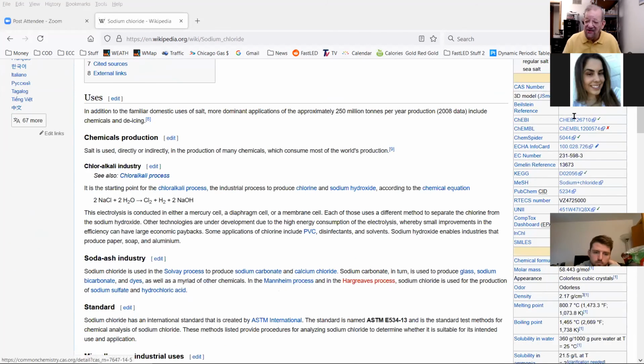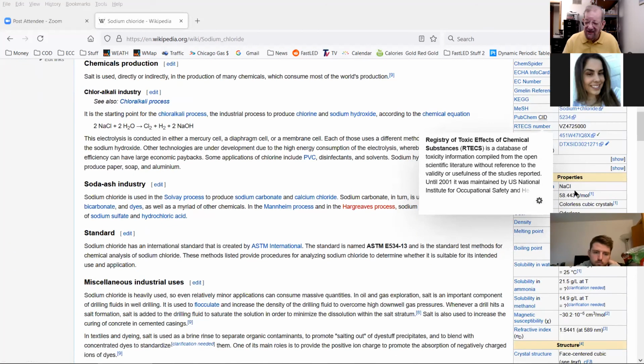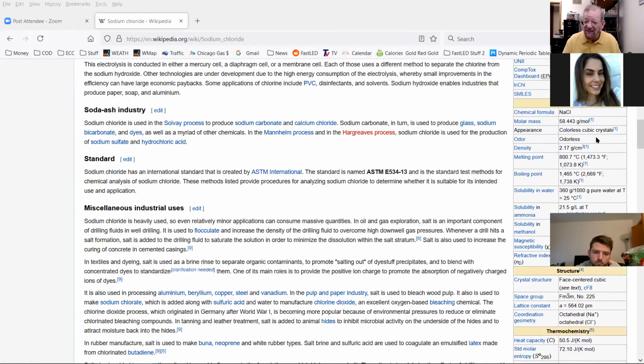And then it has identifiers, which I'll skip. And then it has properties, and these are important. Oh, you learned about density. And here is the melting point of sodium chloride, which is ionic.